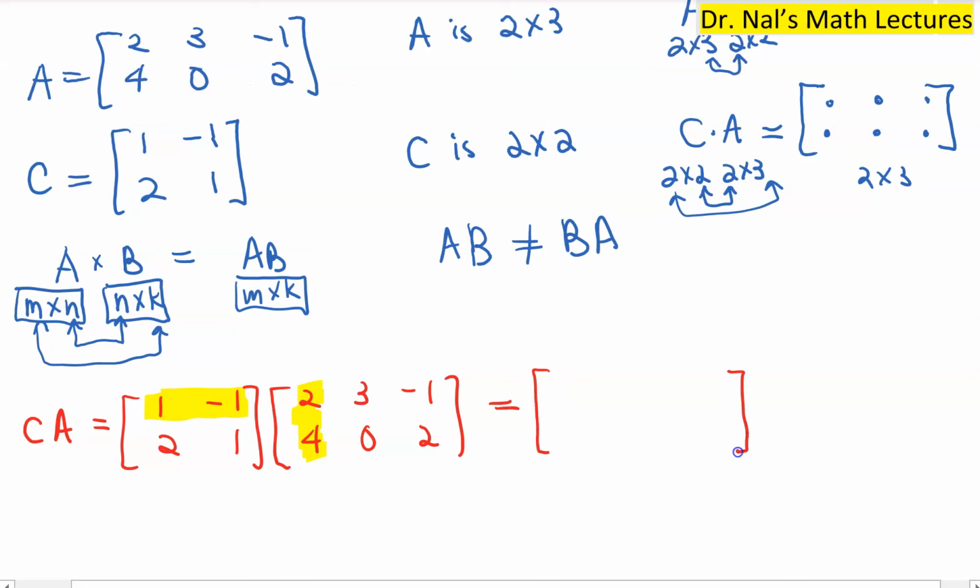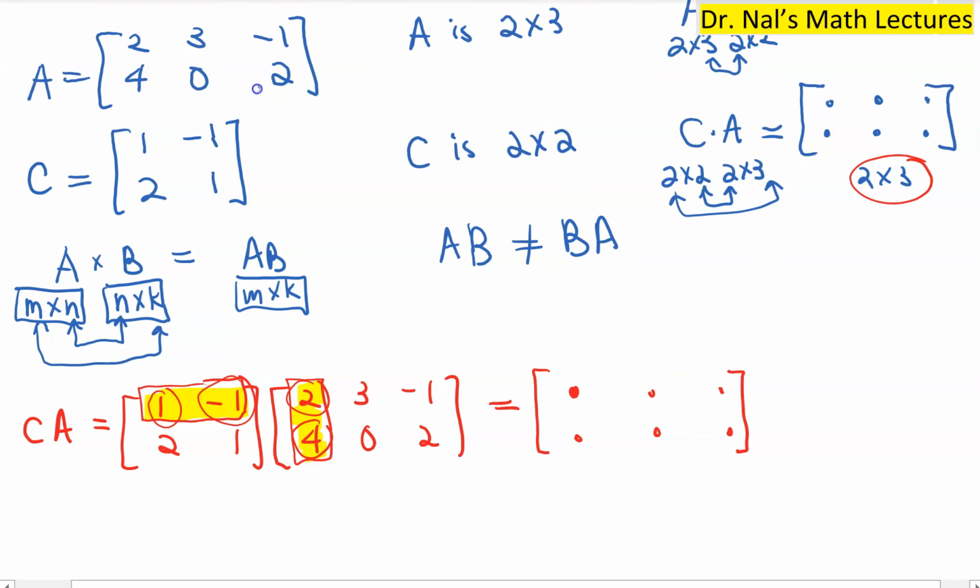So for instance, because we want to calculate those 6 numbers, we already established the answer should be a 2 by 3 matrix. So the first entry of the resultant matrix will be the product of the first row of the first matrix and the first column of the second matrix, component-wise. So 1 times 2 is 2, minus 1 times 4 is minus 4, 2 plus minus 4 is minus 2.